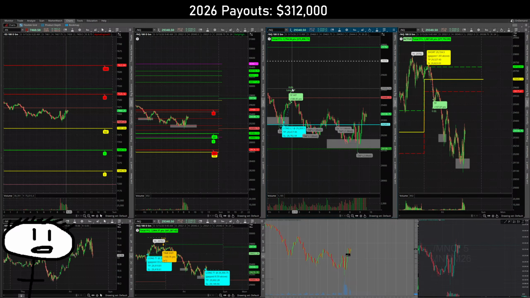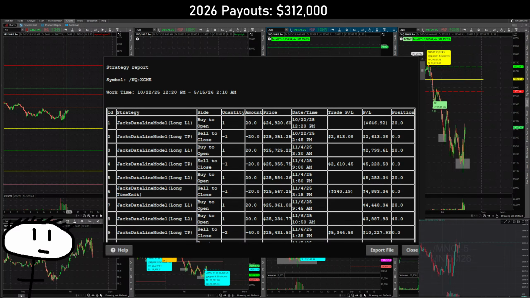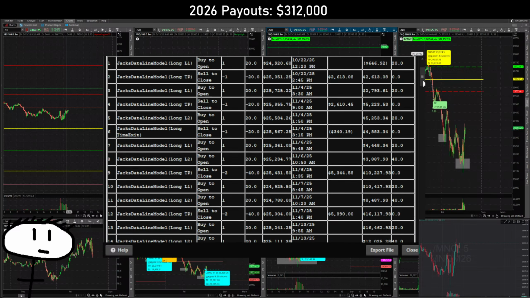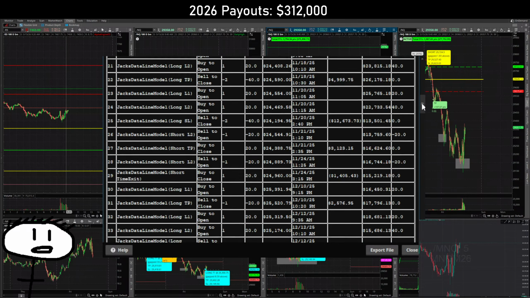I'll show you the drawdown for this. Oh, let me get this out of the way. You can see the drawdown for this year on these lines. You see it on the P&L here. Just look at the drawdown for this year.